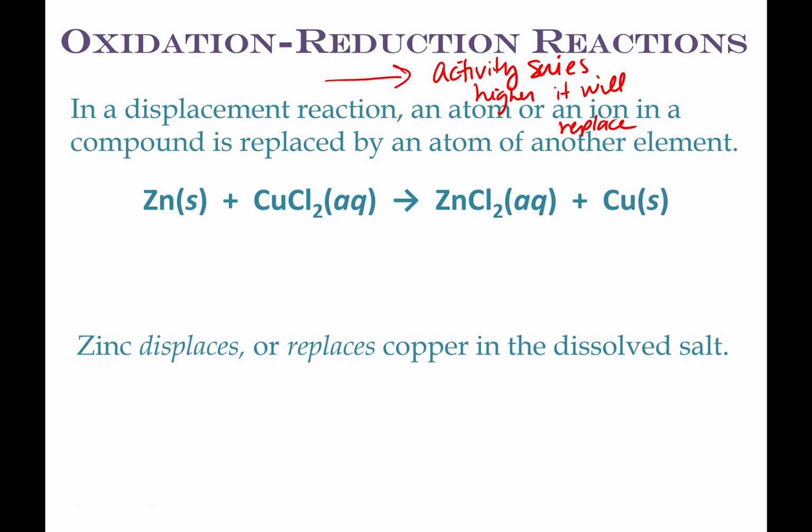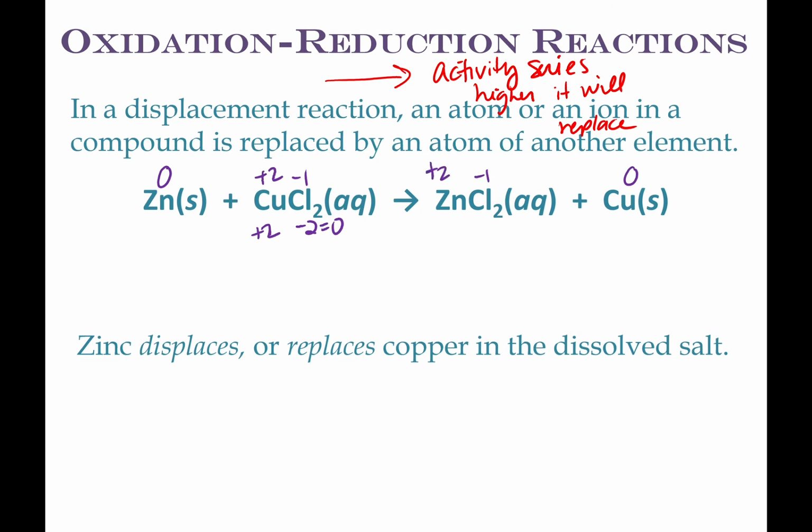The first thing we need to do is assign oxidation numbers. So zinc here is 0, and copper here is 0 because they're both in their elemental state. We know here that chlorine is -1. -1 times 2 is -2. That has to equal 0, so this must be +2. And then here, -1, zinc is +2.